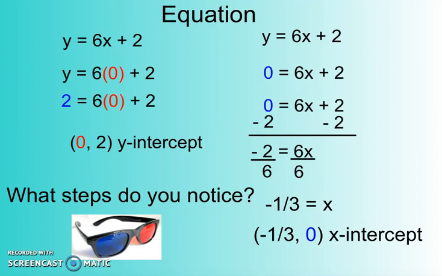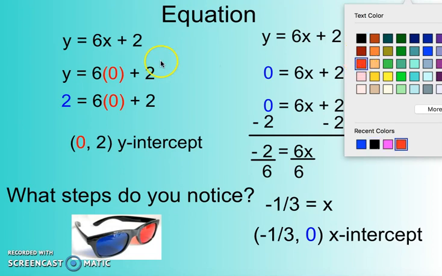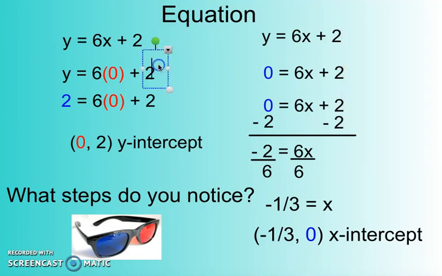Yes, well, there are some steps that we're doing. If you notice, the first step that we're doing is, well, we're plugging in 0, right? Plug in 0. Because notice, in this case, when we're looking for the y-intercept, look where we're plugging.